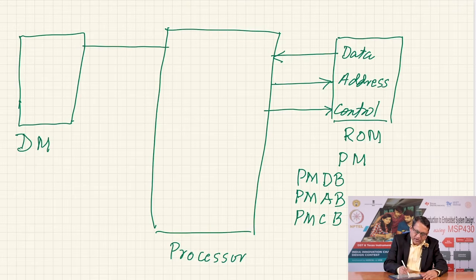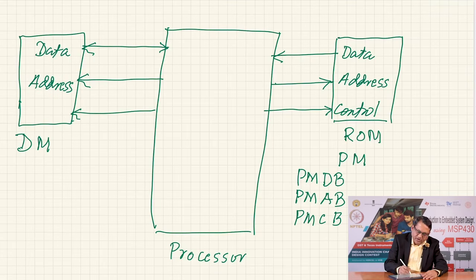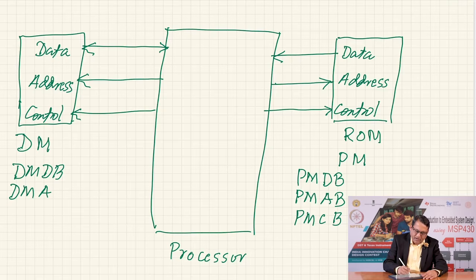And again here you would require the data bus, but now they are bidirectional because you want to be able to write data. You have address like the other memory, and you also have the control, and this set of buses is referred to as DMDB, DMAB, data memory data bus, data memory address bus, and data memory control bus.